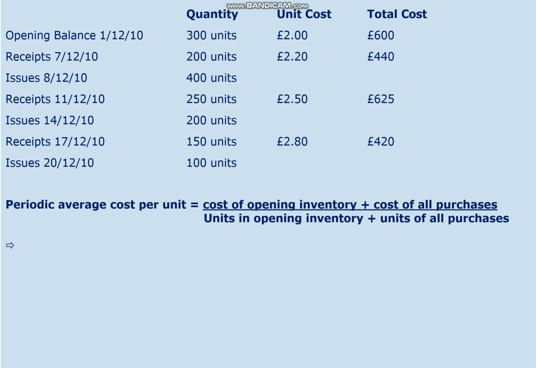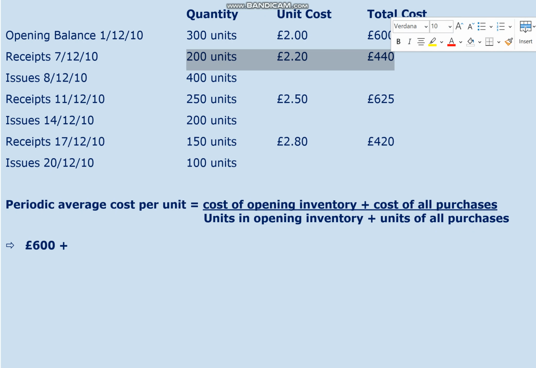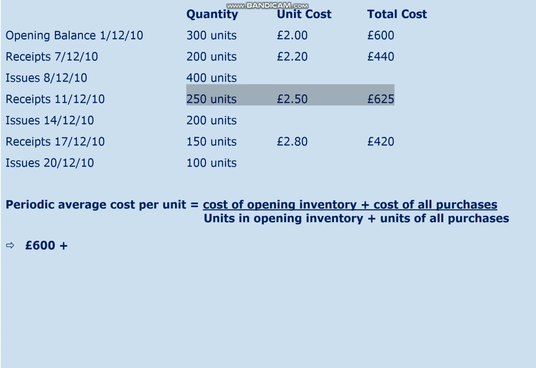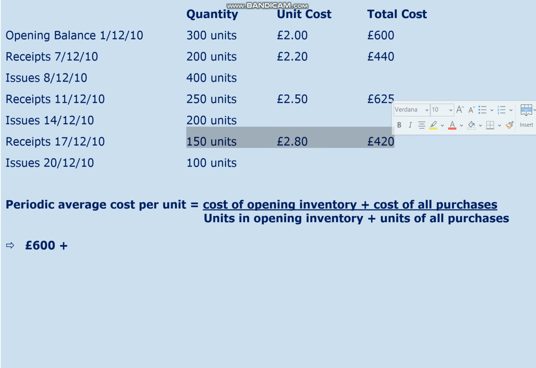Okay, so if we want to apply this methodology using the exercise which is right in front of us, here is the total cost of opening inventory. Can you see opening balance 300 units? So we can say 600 pounds in the opening, plus now the purchases. Here is one purchase, 440 pounds, here is the second purchase, 625 pounds, here is the third purchase, 420 pounds.